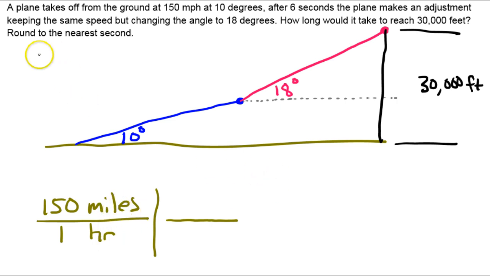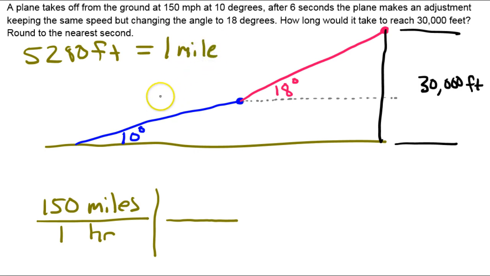So I happen to know that there are 5,280 feet in 1 mile. That's a fact that I memorized back in high school, so you could Google that if you did not know that. So I'm going to use these two numbers and stack them up, and I could put miles in the top or the bottom.